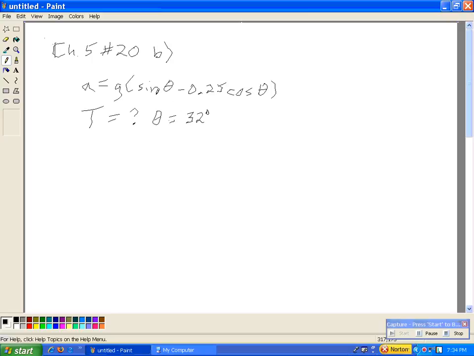If we plug 32 degrees in here, we find that the acceleration equals 3.115490954 meters per second squared.